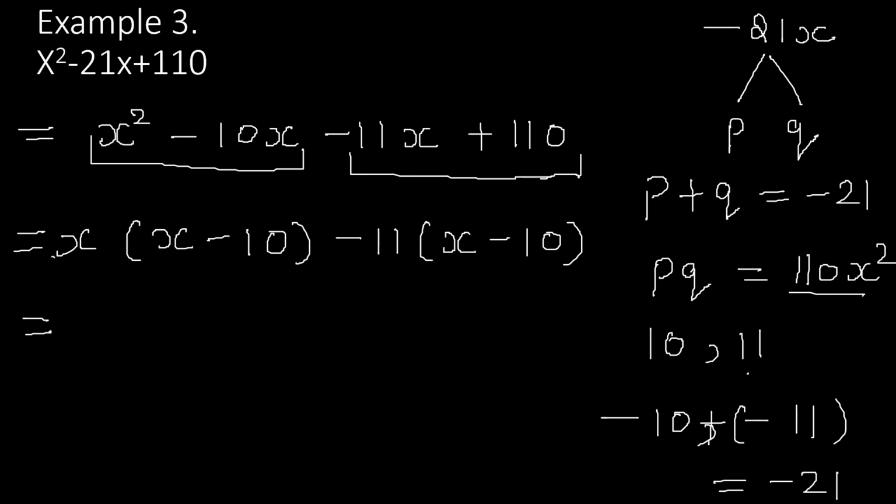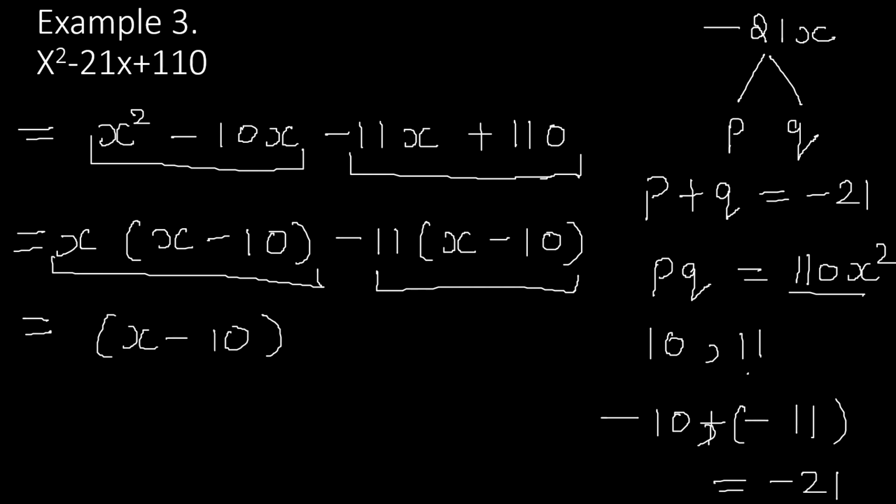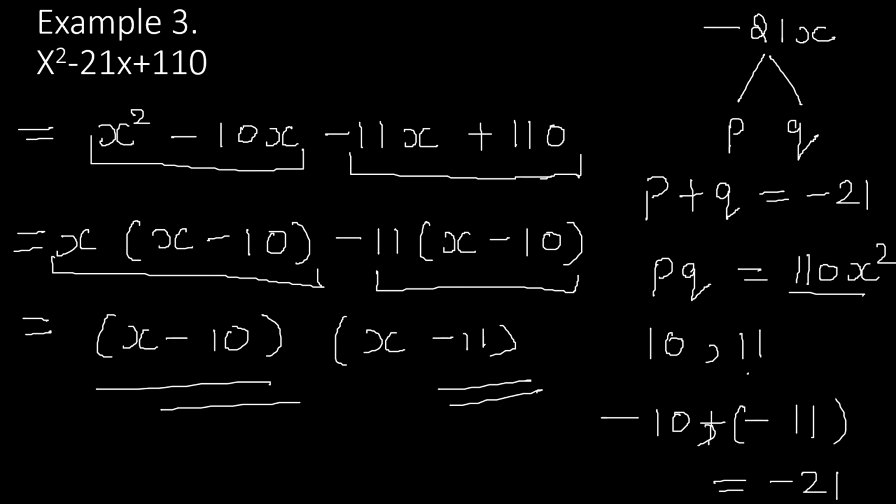Now x minus 10 and x minus 10 is common in these two terms. I can take it out and what is left inside is x minus 11. Is it simple? Okay. Let's do some other examples.